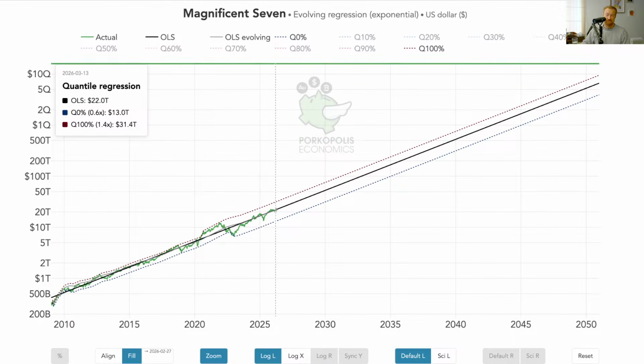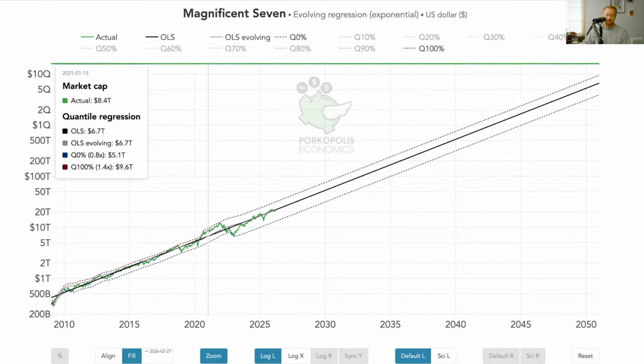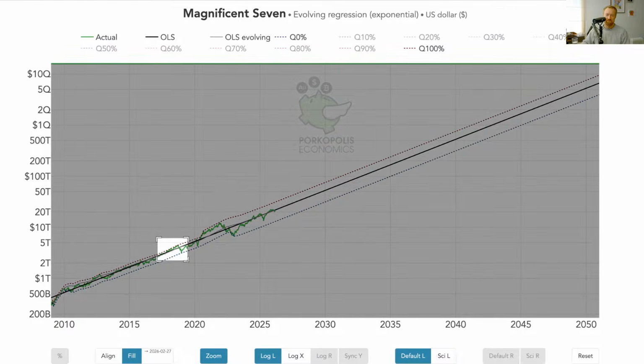Magnificent Seven is also following a very good trend. It is what it is. But notice what can happen relative to the trend. You can get mega moves, and we could have just seen it here.